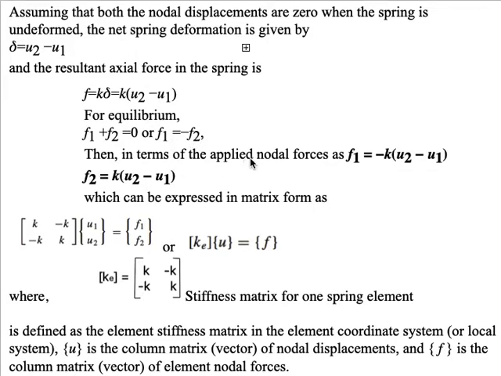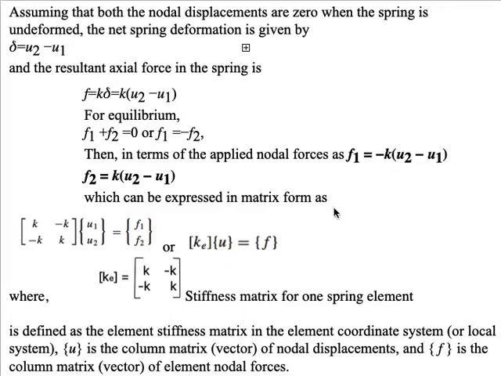Then in terms of the applied nodal force, F1 equals minus K of u2 minus u1, and F2 is K into bracket u2 minus u1.